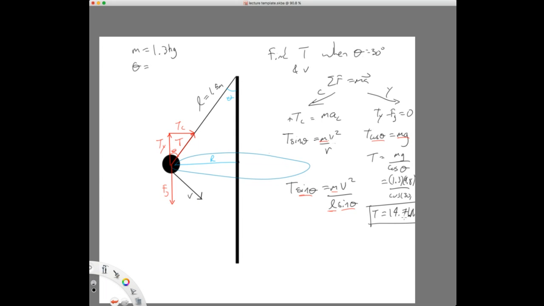So once we have T, we can rearrange this to solve for v squared. V squared will be L T sine squared of theta over the mass.